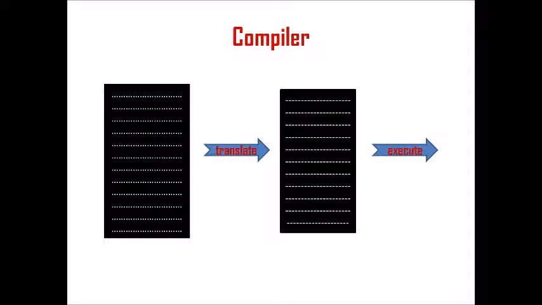We all have our source code, right? Whatever code we have with us is known as source code. Source code is translated into the bytecode or object code, which is understandable by the machine, and then that bytecode is executed and run. That is the function of a compiler.